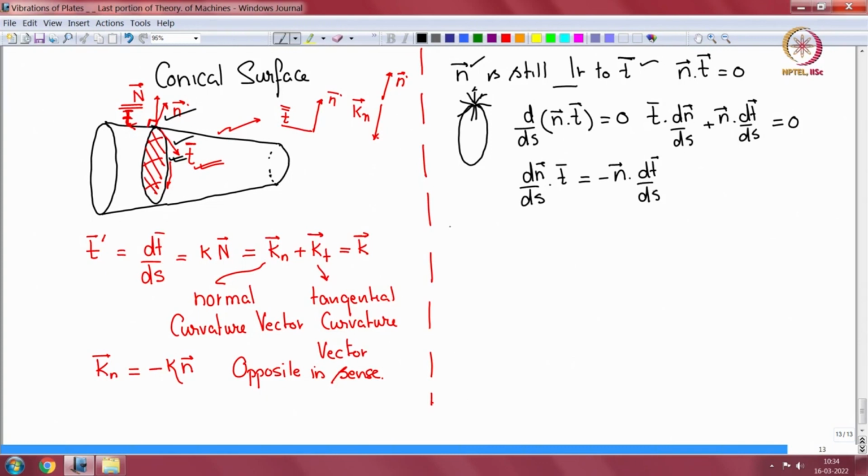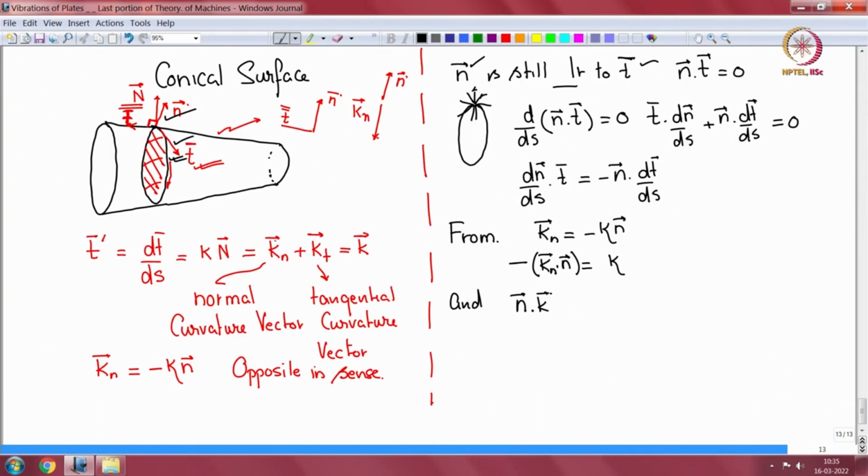From dt by ds equal to kn, this is equal to minus n bar dot dt by ds, which is equal to this kappa, n bar dotted with k, which k?